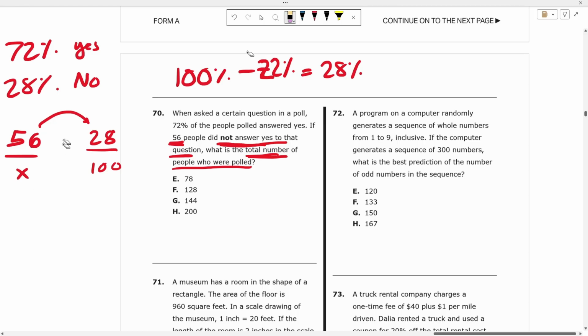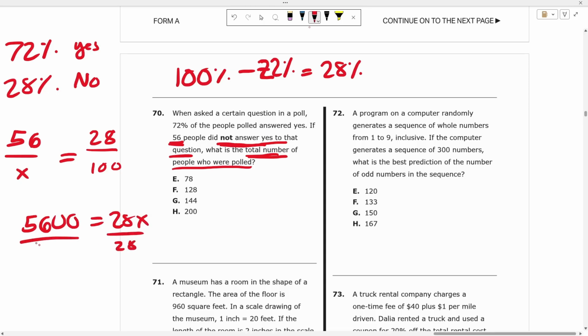So that's why the x has to be across from the 100, and the 56 has to be across from the 28. So if you just cross multiply, you get 5600 is equal to 28x. Solve for x, you divide by 28 on both sides. And if I do it right here, 5600 divided by 28 is equal to 200, so choice H would be the correct answer in this case.